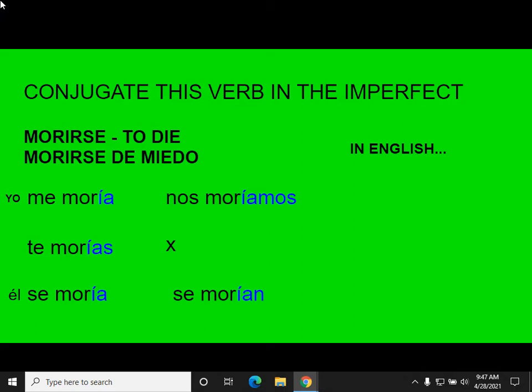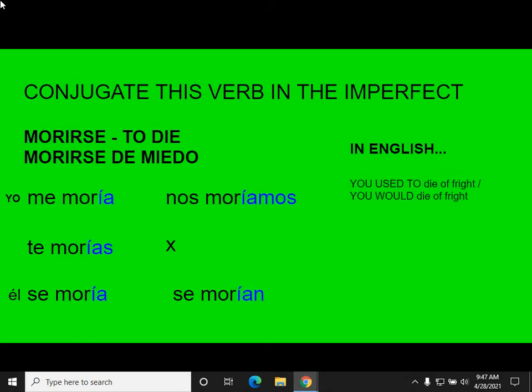So we definitely want to have the accents on all the I's. And then I'm going to ask you guys to write that phrase up there where it says morirse de miedo. Add that de miedo at the end of your phrase there. And that means to be scared to death. So if I say tú te morías, that would be you used to be scared to death or you used to die of fright, okay?